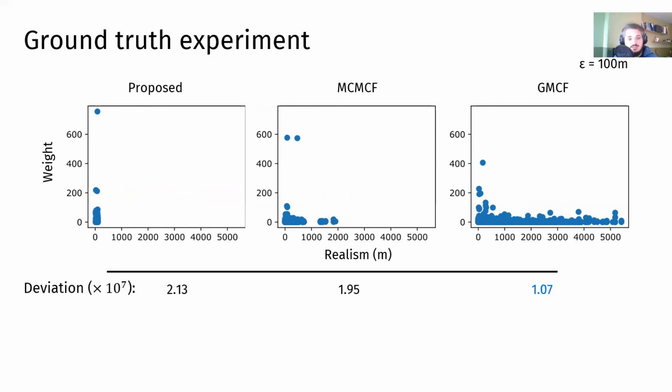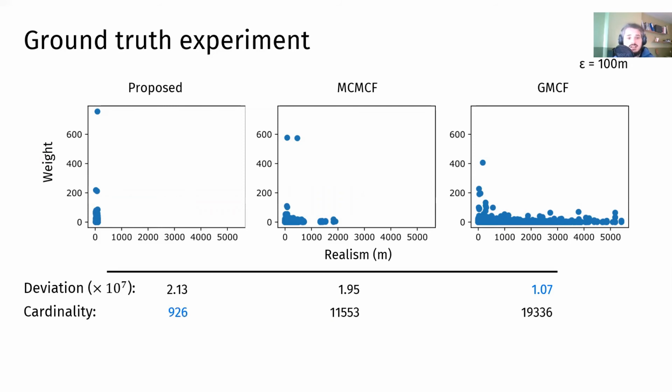And so looking at deviation, we see that actually the least constrained approach here, so the global min cost flow, actually performs best, since obviously it has a lot of leeway to actually fully, or as close as possible, cover the flow in a road network.